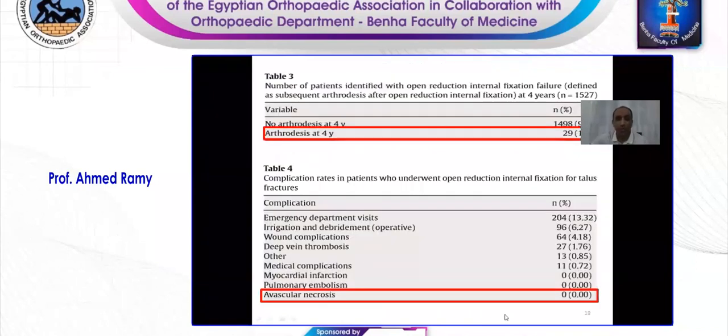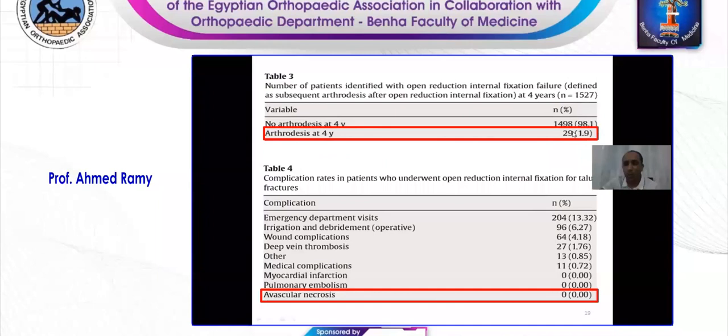And they have found that the arthrodesis rate at 4 years was 29 cases, about 1.9%, and the avascular necrosis was 0%. This was at 4 years follow-up.